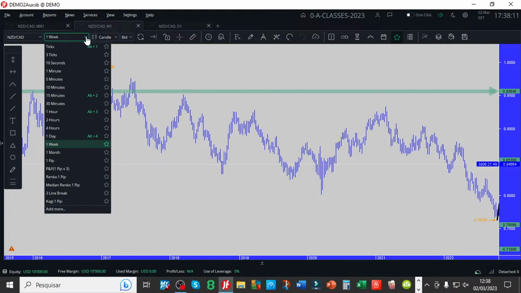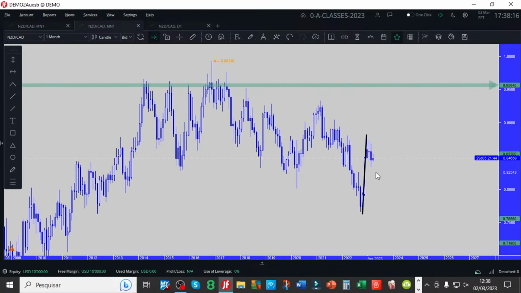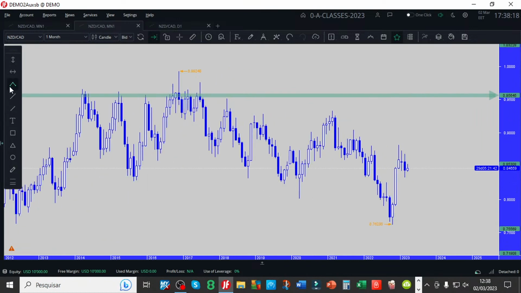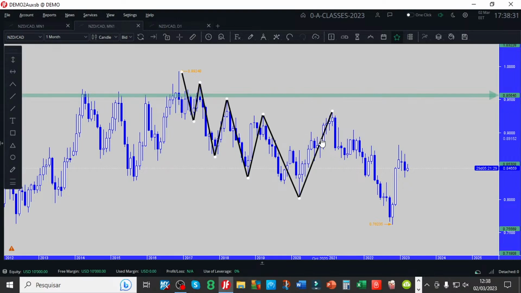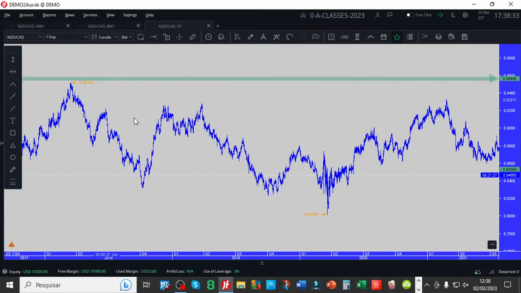Maybe the monthly. I need you to understand something. Let me see the monthly chart, everybody. Extension, retracement, extension, retracement, extension, retracement, extension, retracement. Well, it's not going to be any. Okay, anyways, not a problem.